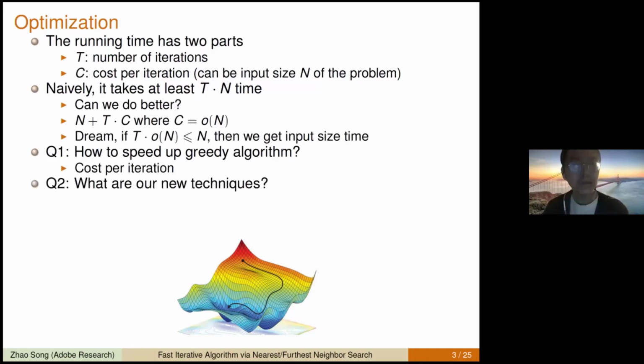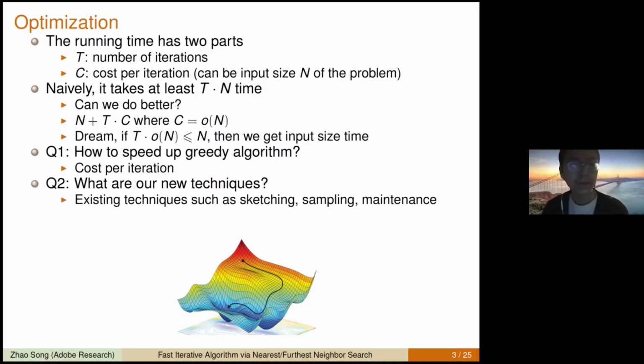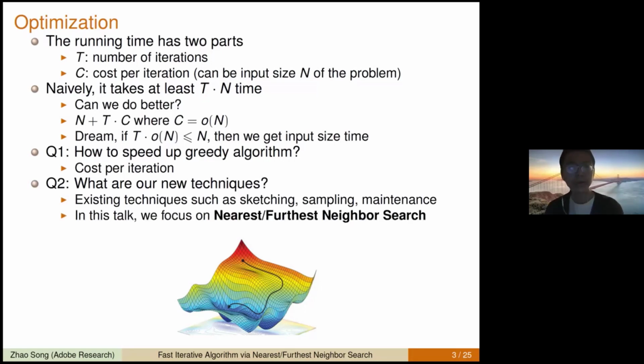So what are our new techniques? From a number of talks in the workshop, you already saw some new techniques from sketching, sampling, or maintenance. In my talk, I will show you a new idea about how to use furthest or nearest neighbor search to help speed up an optimization algorithm.